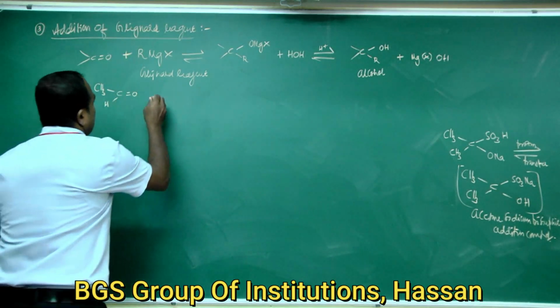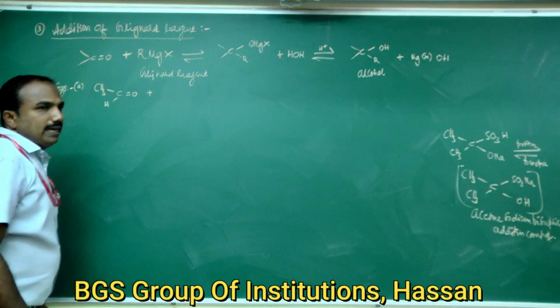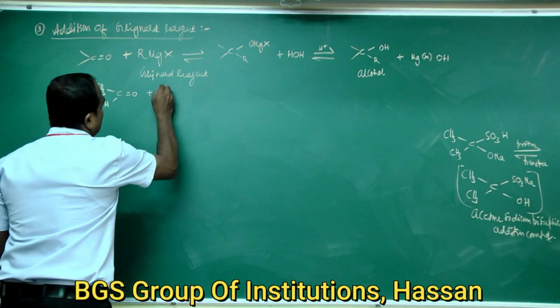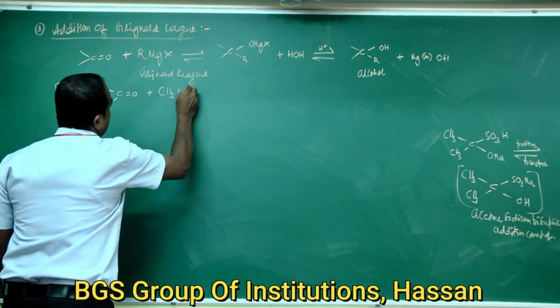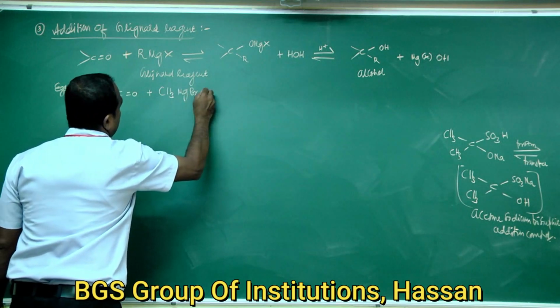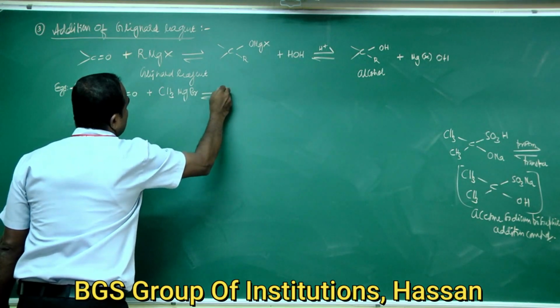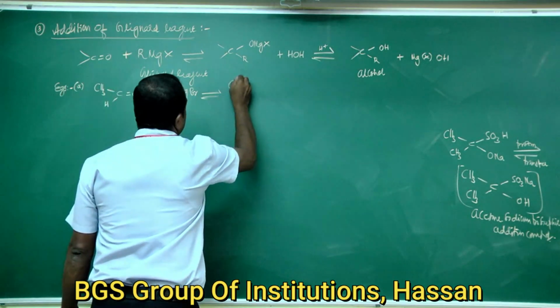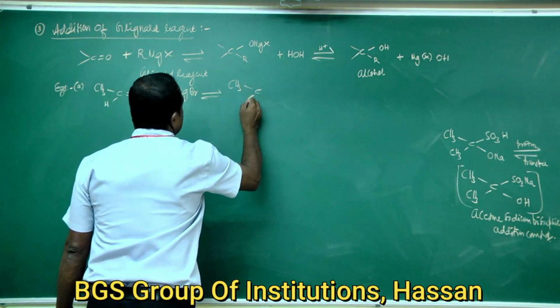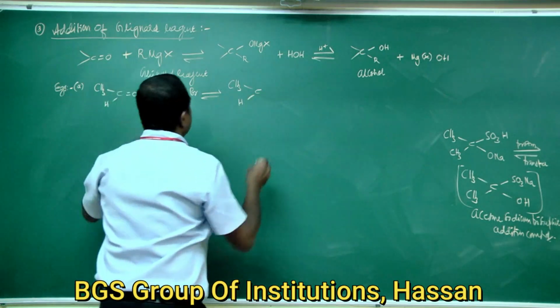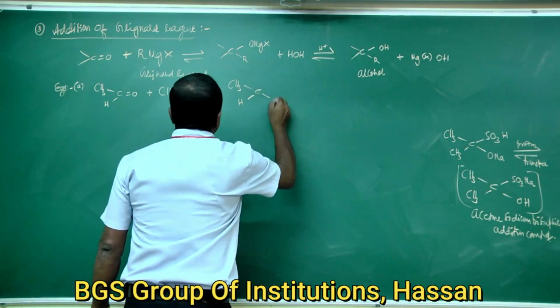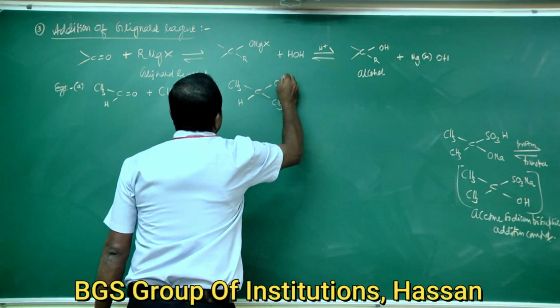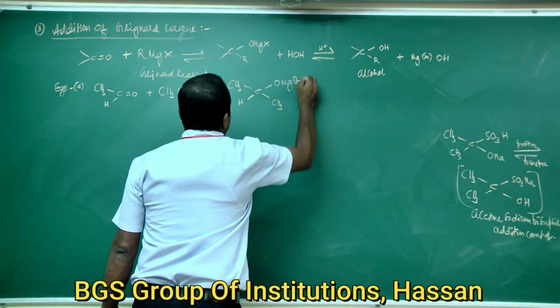Acetaldehyde reacts with methyl magnesium bromide, called Grignard reagent, to form the intermediate, that is CH3-CH(CH3)-OMgBr.